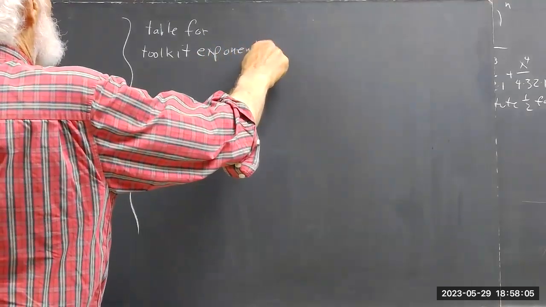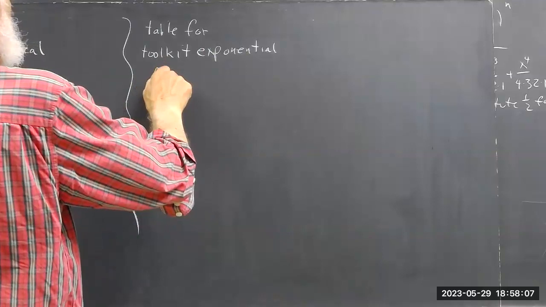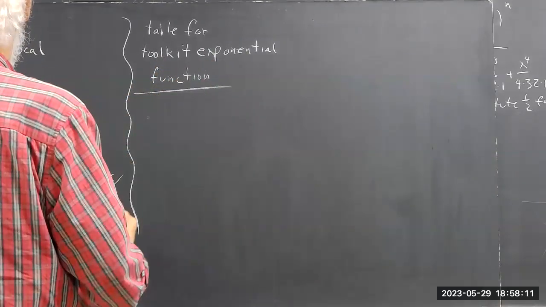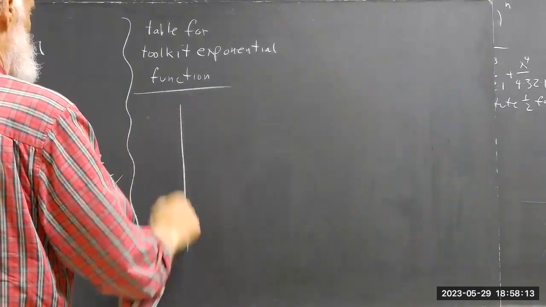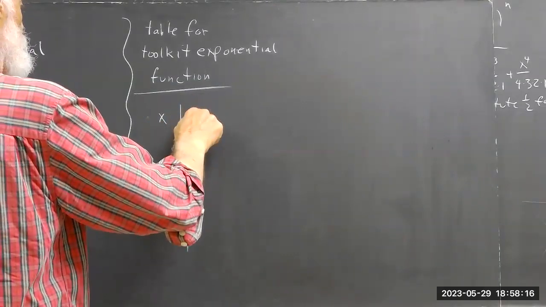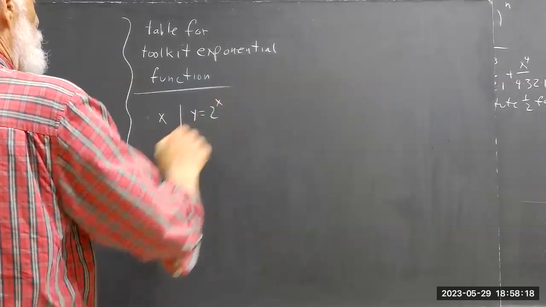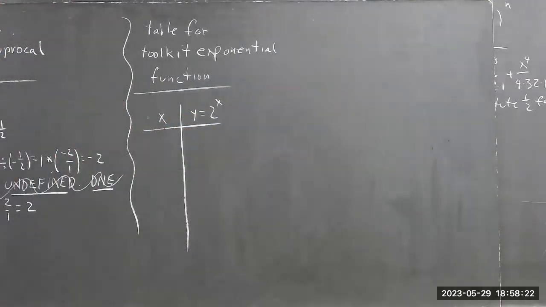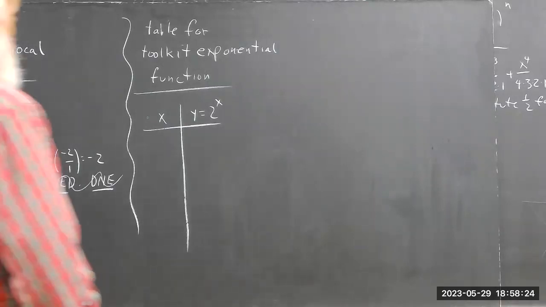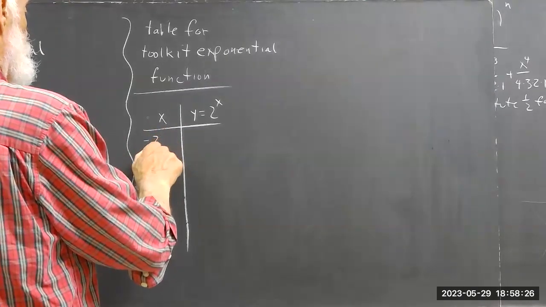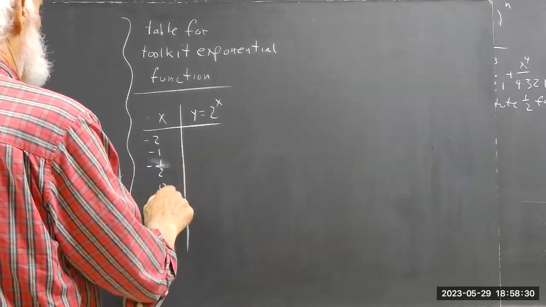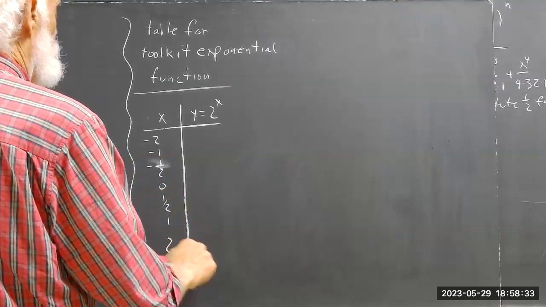Okay, now let's do the table for the Toolkit exponential function. And of course, the basic exponential function is y equals 2 to the x. Okay, start with our x values: -2, -1, -1/2, 0, 1/2, 1, 2.